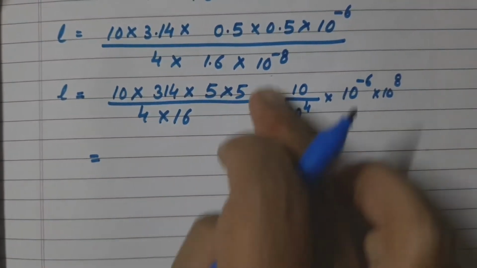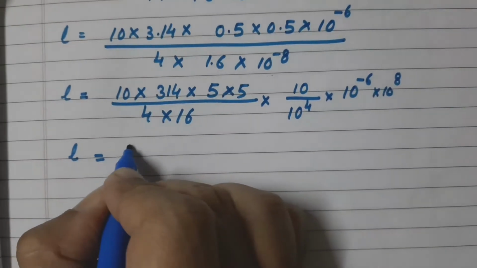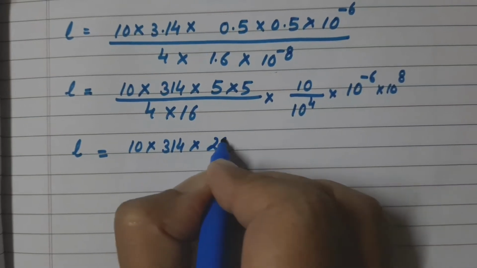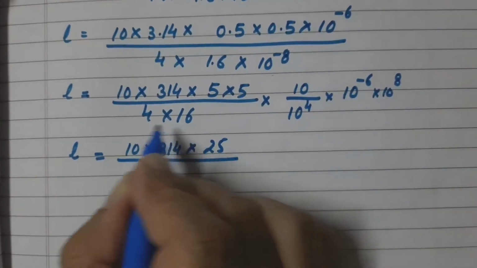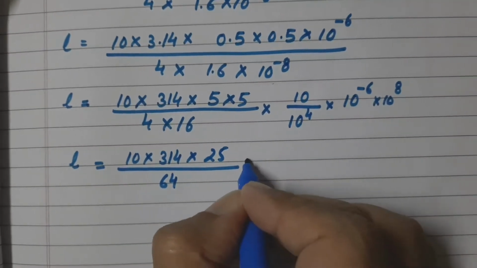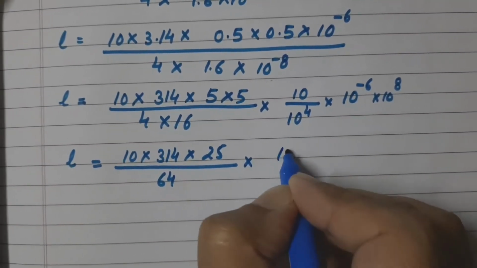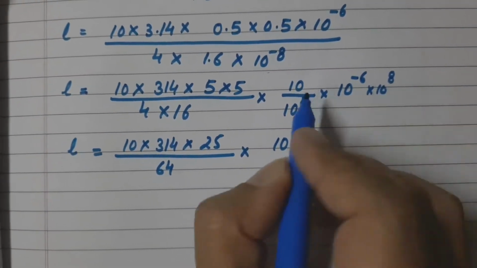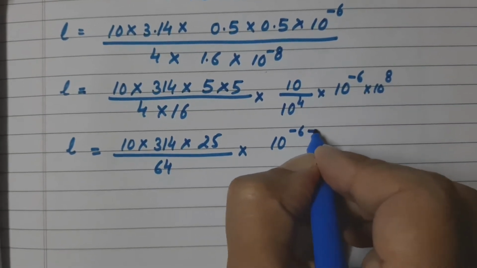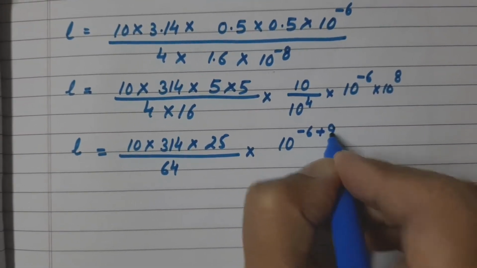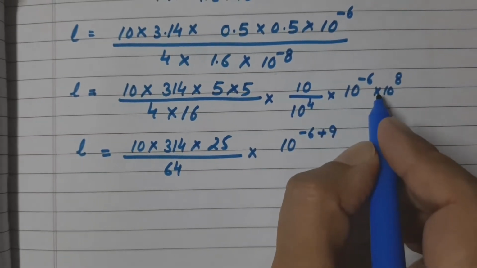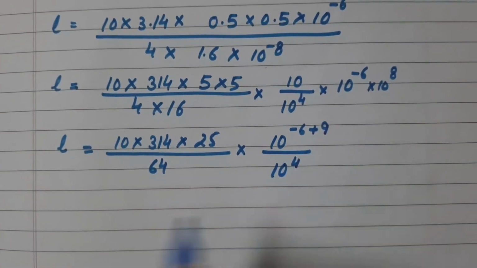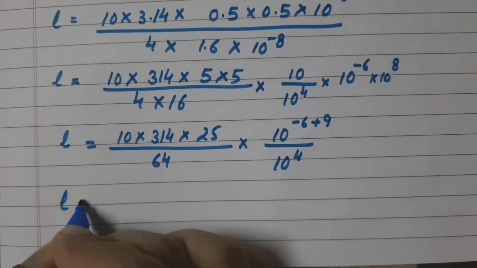First of all, we'll solve this. 10 multiply 314 into 5 times 5 is 25, 16 times 4 is 64. 10^-6 and 10^8 give 10^2, and this 10 means plus 1, so 10^3. In multiplication, the powers add, upon 10^4.